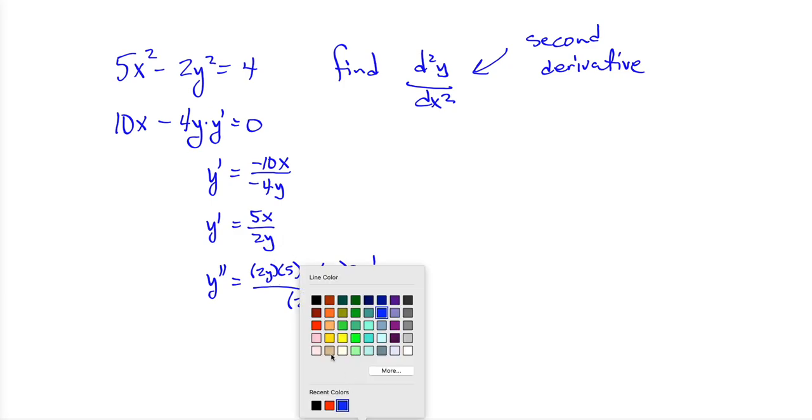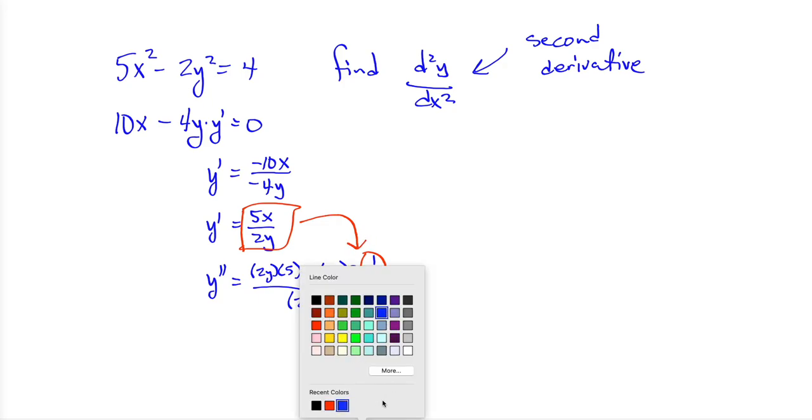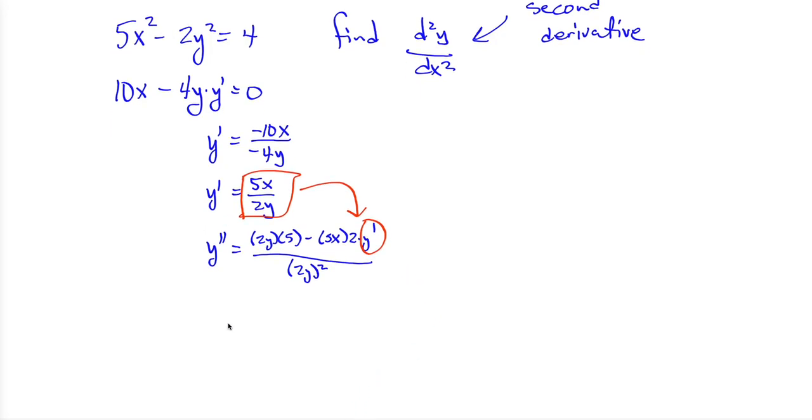The main thing on these that I'll be looking for is that you can't have y prime in the answer for d squared y over dx squared. You specifically have to take this answer for y prime and put it in place of that. So that's the main thing on these second derivative ones to look for.